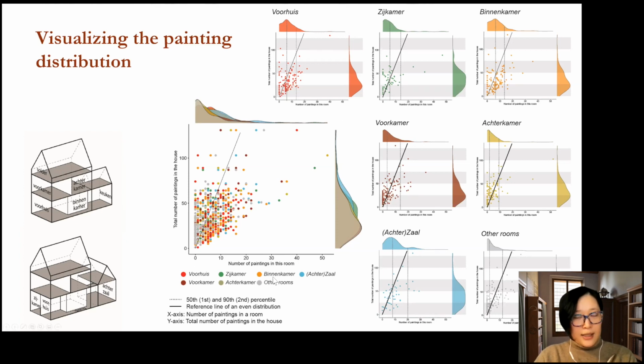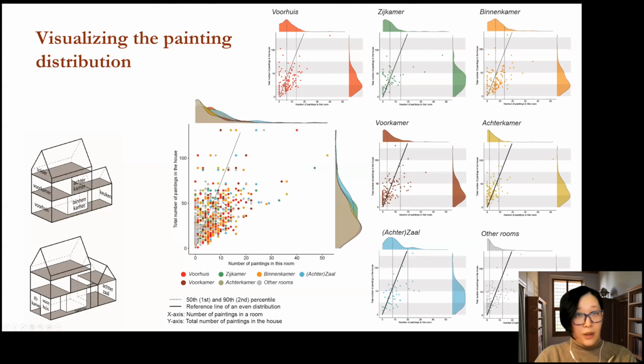In my analysis, it considered both the number of paintings in each room, as suggested in the x-axis, and the total collection size, as shown in the y-axis. And the cluster of points can illustrate the possible correlation between the number of paintings in each room and the size of collection in the house.